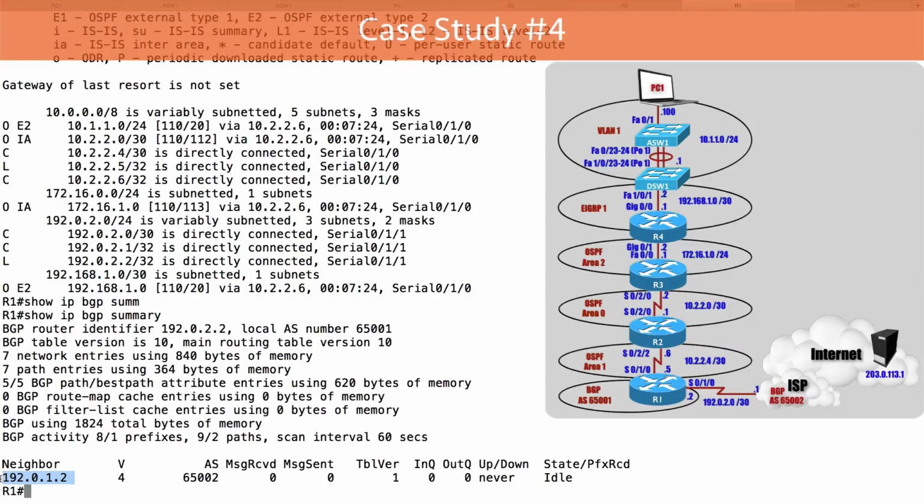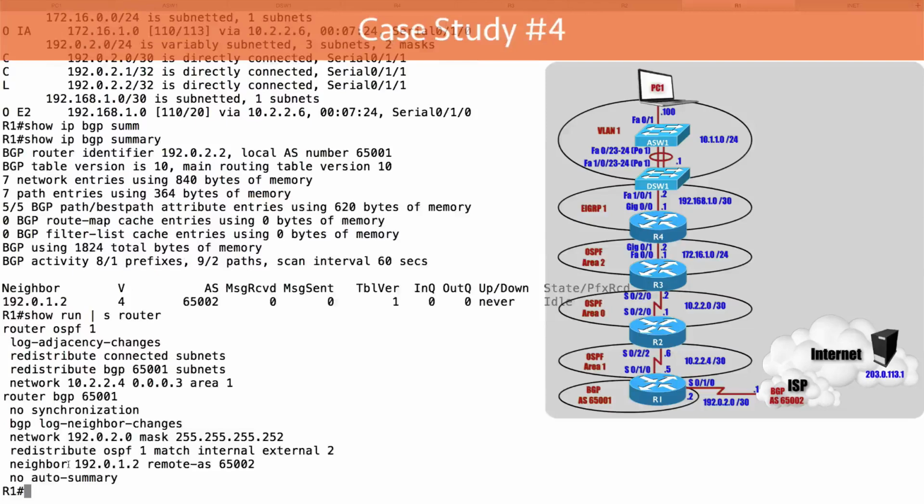Did you notice as you were looking at the topology that the neighbor's IP address is actually 192.0.2.1? 2.1, not 1.2. It looks like those numbers have been transposed. Let's correct that. Let's take a look at our router configuration. I'll do a show run pipe to section router, and we see under router BGP 65001, I've incorrectly specified my neighbor's IP address.